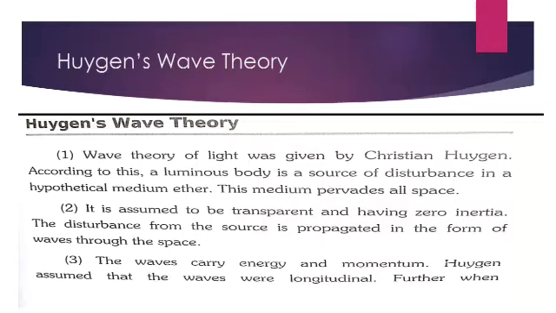But in later experiments, it was shown that there is no existence of ether medium, which we will discuss in our chapter of relativity, which is a topic of higher physics. And this non-existence of ether was experimentally confirmed by Michelson and Morley in their famous experiment.